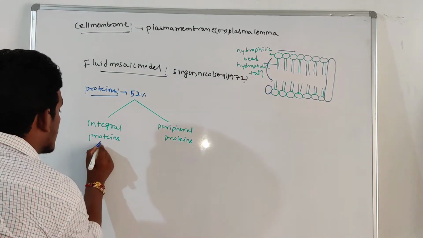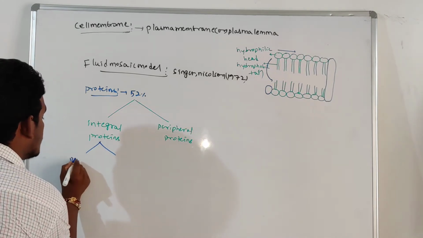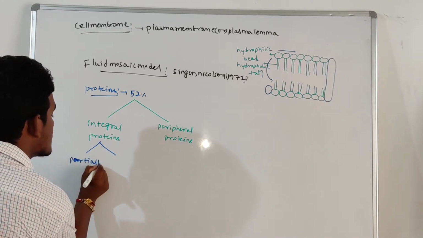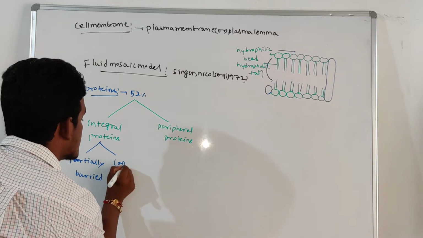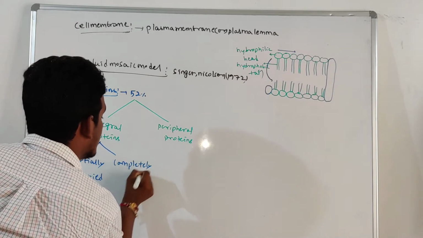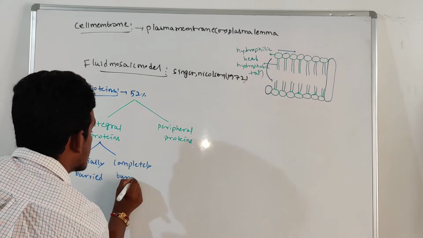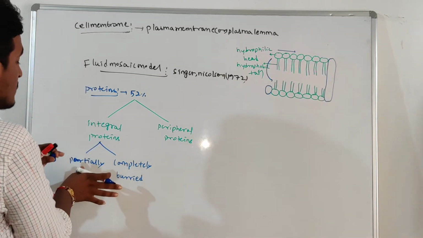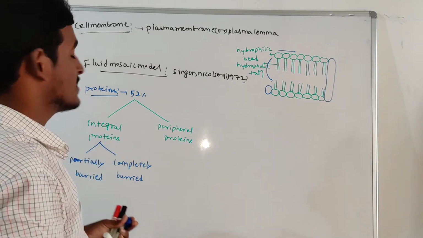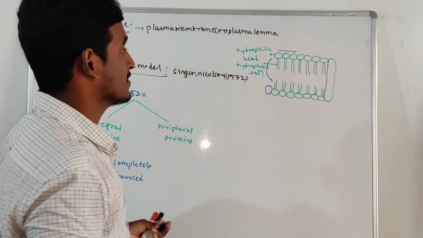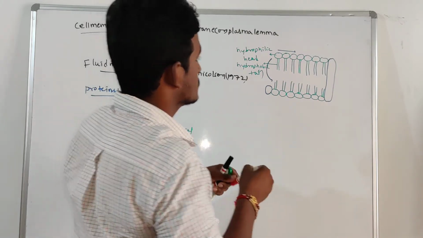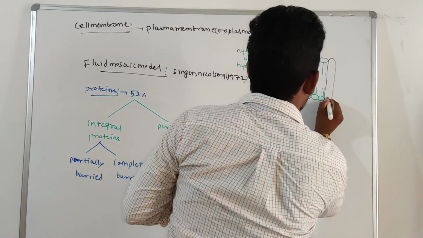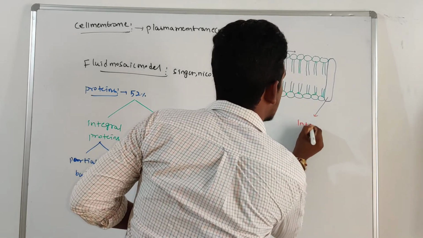Sometimes those are partially buried, sometimes completely buried in the plasma membrane. What do we call those types of proteins? Those are integral proteins.